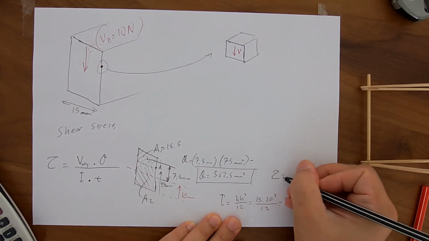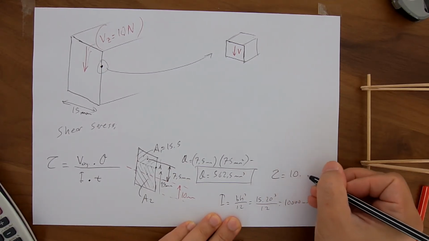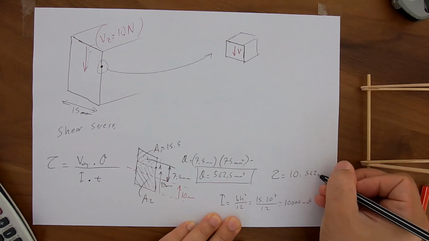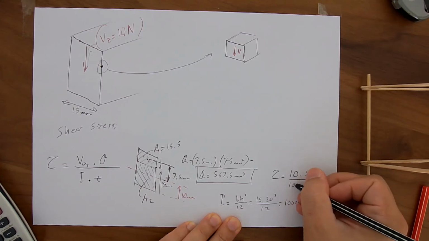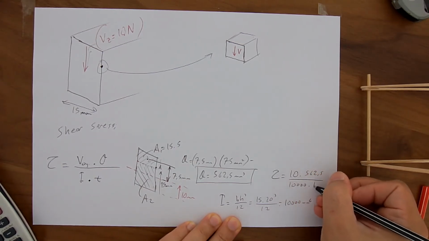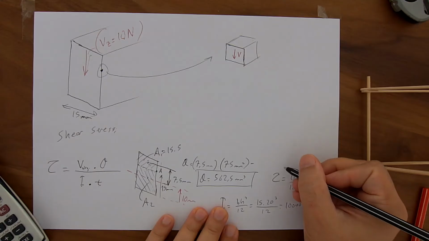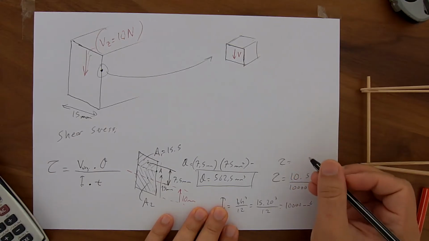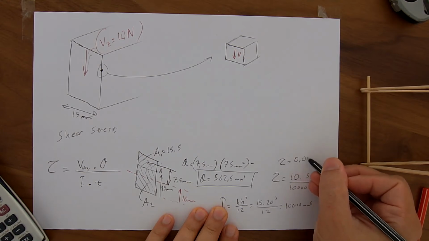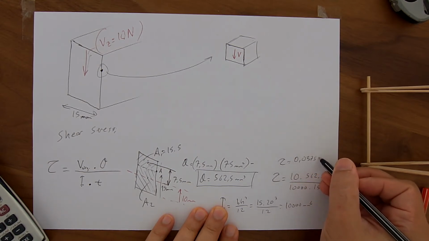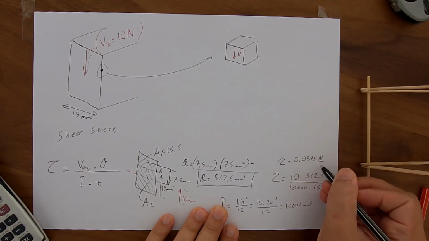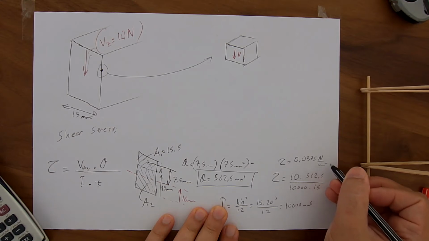In this case, tau is equal to 10 times 562.5 over 10,000 times 15. Tau is equal to 0.0375 Newton per millimeter squared.